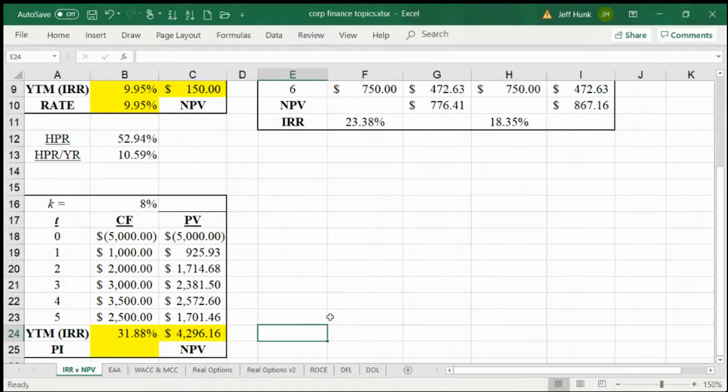So anyway, this is profitability index, but we're gonna come back to that later. But I want to briefly go back to the slide and discuss something that was probably left unexplored.